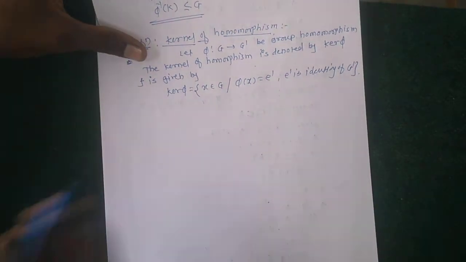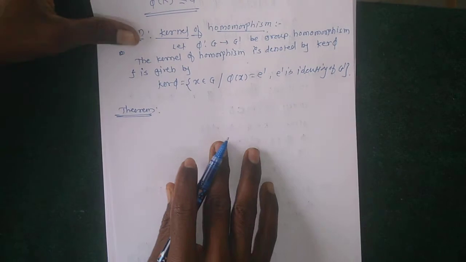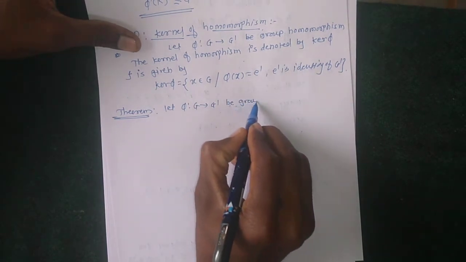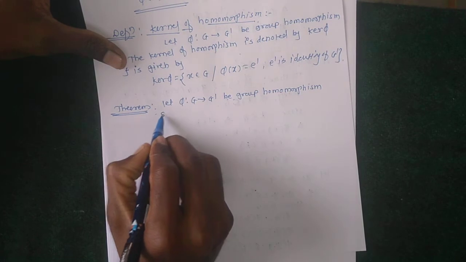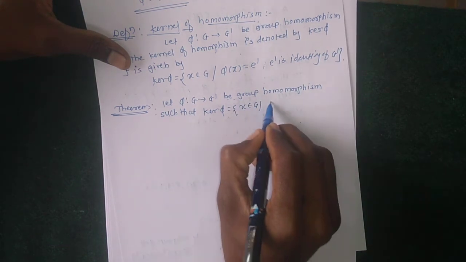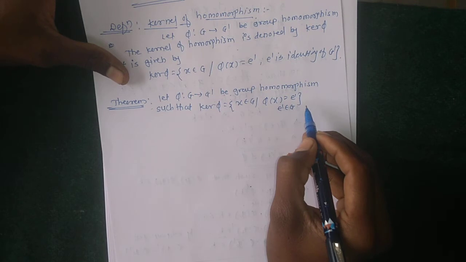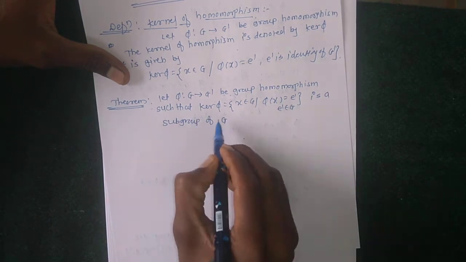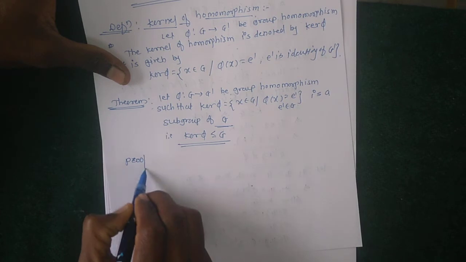Theorem: let phi from G to G dash be a group homomorphism, such that kernel phi equals x belongs to G such that phi of x equals the identity E dash, where E dash belongs to G dash. Then kernel phi is a subgroup of G. Okay, how to prove kernel phi is a subgroup of G?